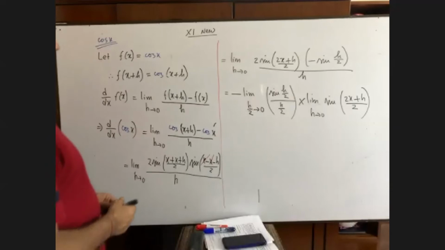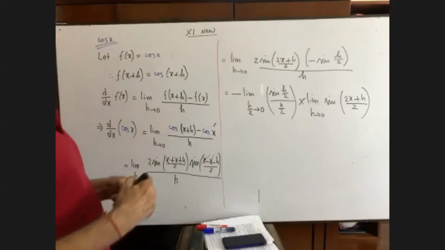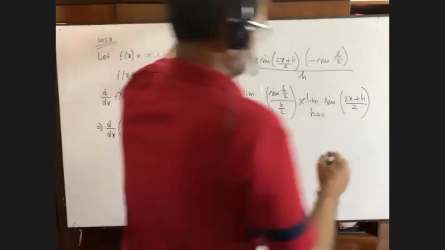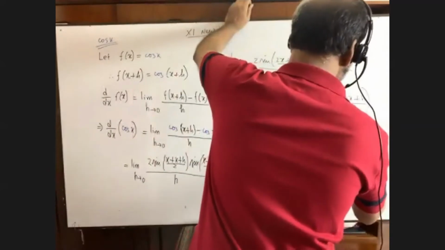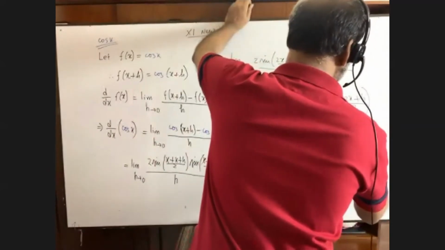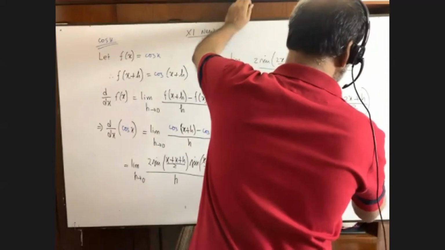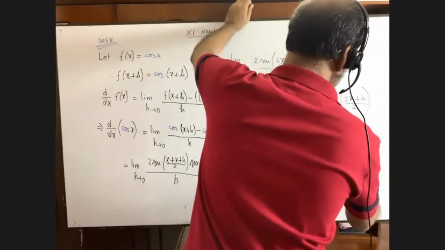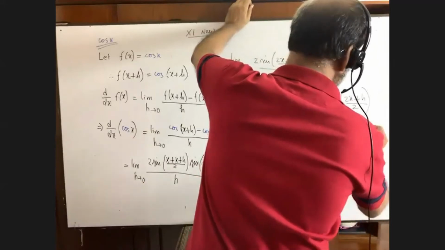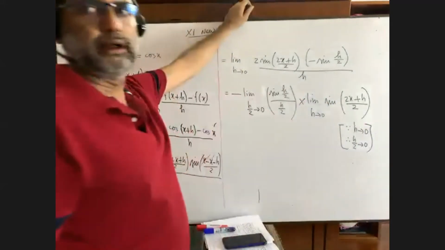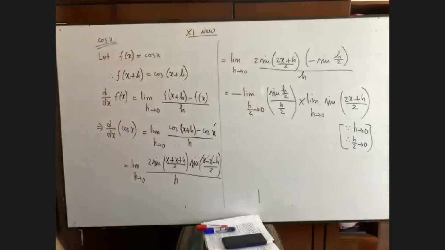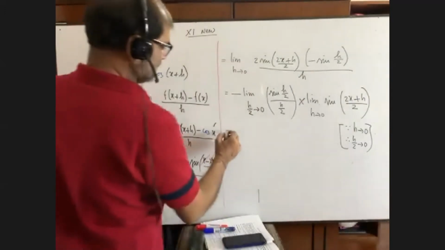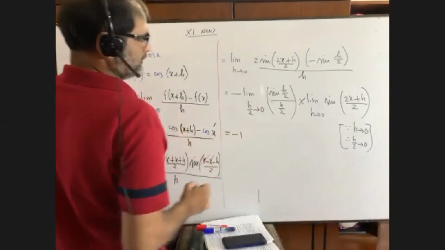Now, the side note: since h tends to be 0, every time you have to give the side note. Therefore, h by 2 tends to be 0. Every time, in every math, you have to give this side note. Now, what you are getting here is minus 1.